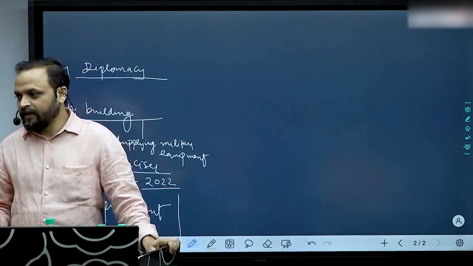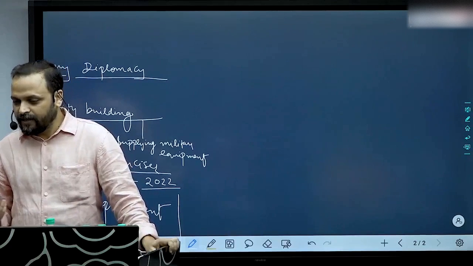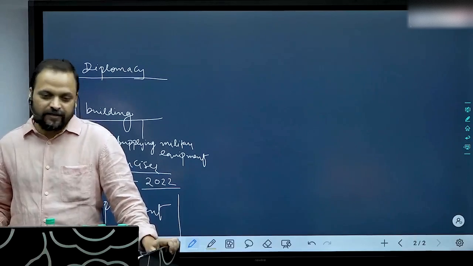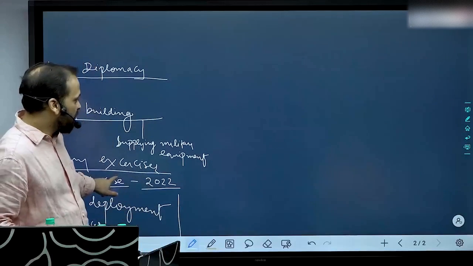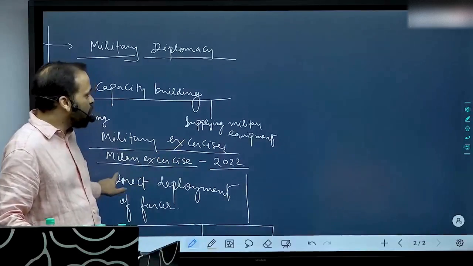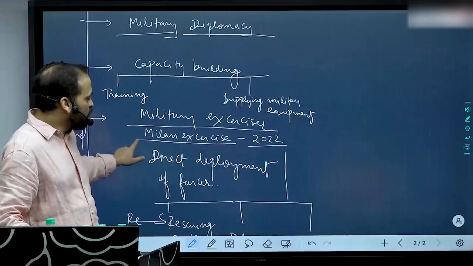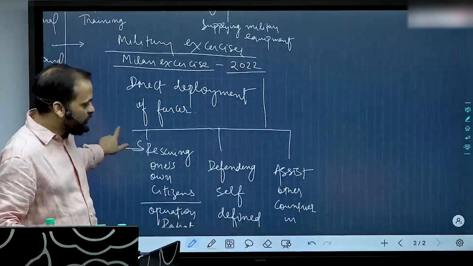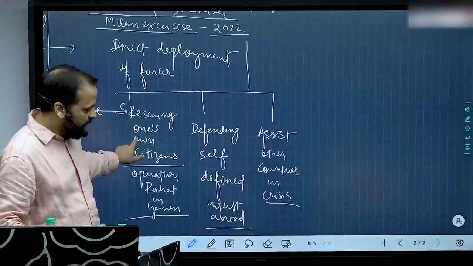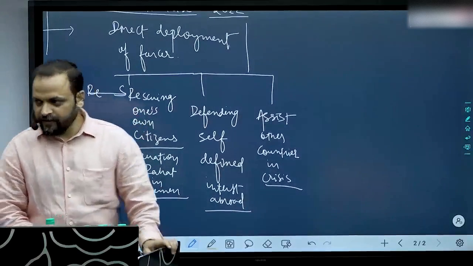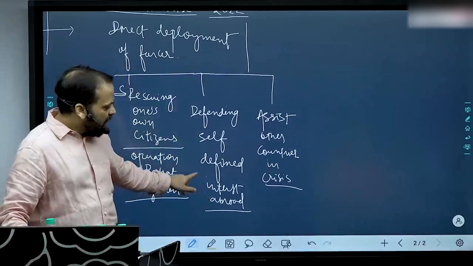So generally, we don't have such examples from Indian history. So you will not find any examples here, right? But this is one example of how or why you deploy forces.